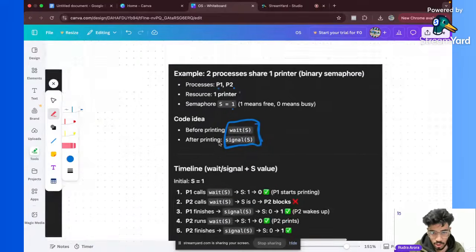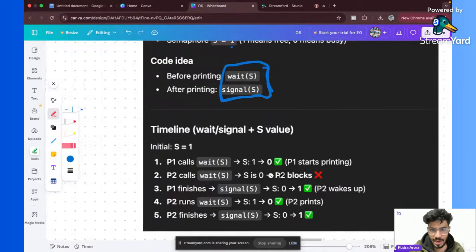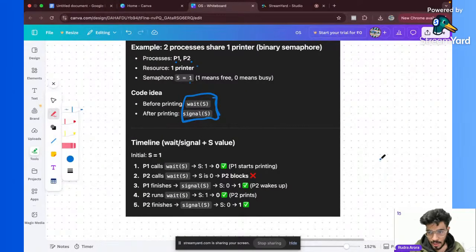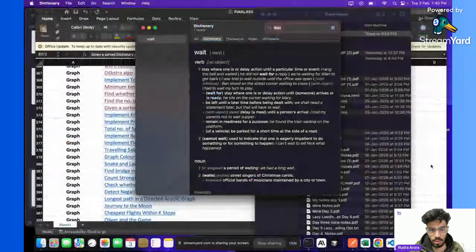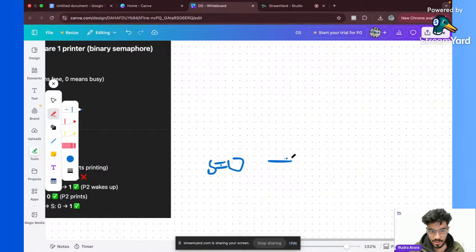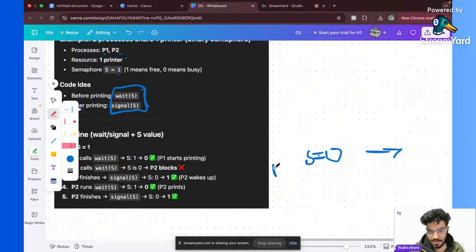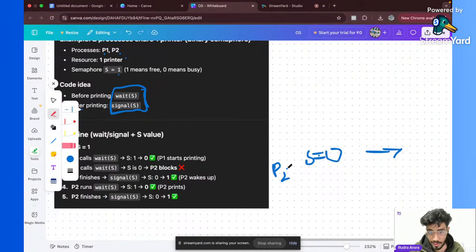So now what would be the value of s? s will become 0. When P2 calls wait, s is already 0, and I told you that when s is 0, this wait call will keep P2 in a trap, or you can say in a block condition. As P2 calls wait, it will see that the s value is 0. So the wait condition will keep it in a trap.